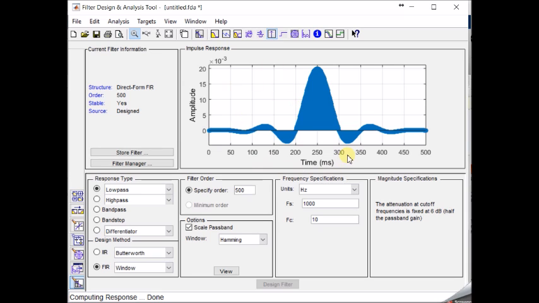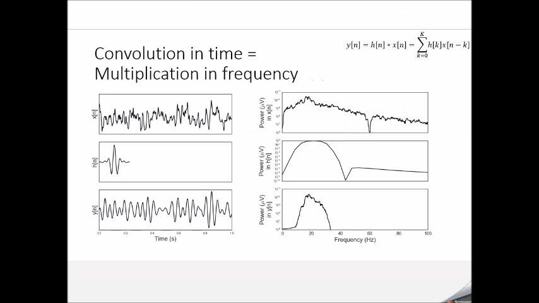So this plot here is now the kernel of the filter. So the time domain signal that actually gets convolved with your input signal in order to get the filtered output. And the y-axis here is just the value of that kernel at each point in time. And you can see here that it looks like a sinc function or a sine wave that decays over time. So, back to the presentation.